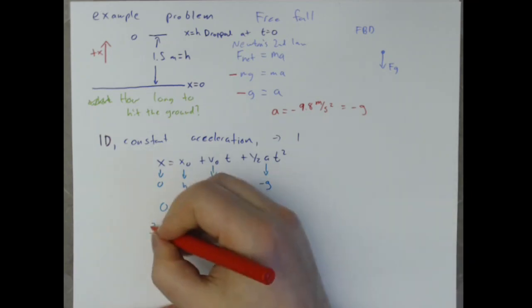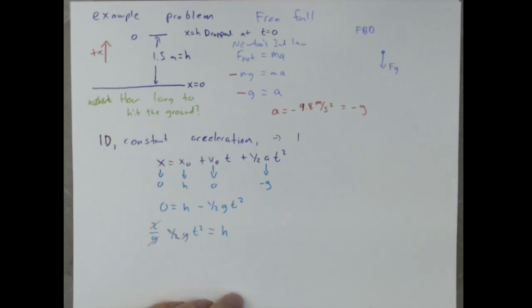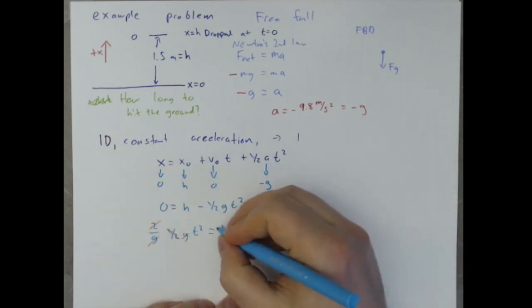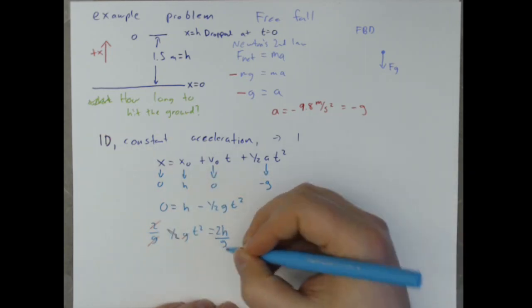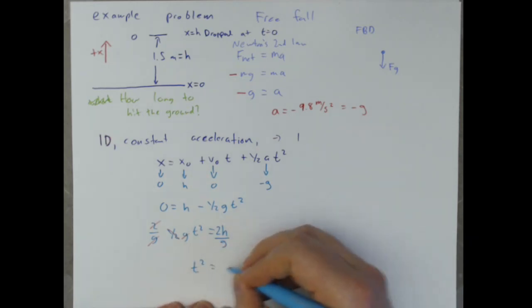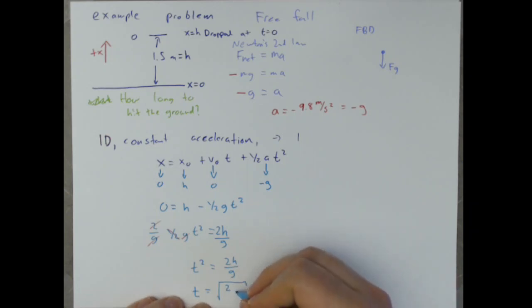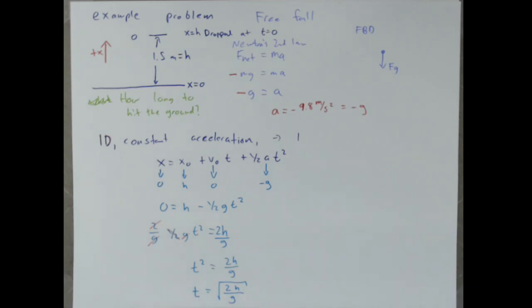So the 2 cancels the half, the g cancels the g, but I have to remember I'm doing that to the other side as well. So t squared equals 2h divided by g. So the time is going to be equal to the square root of 2 times the height divided by the acceleration due to gravity.